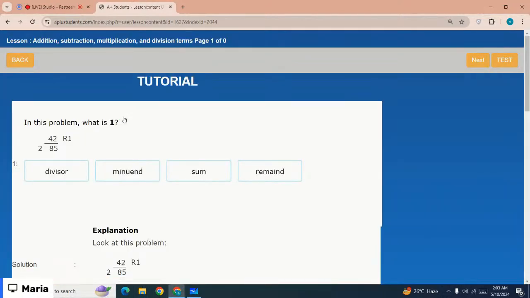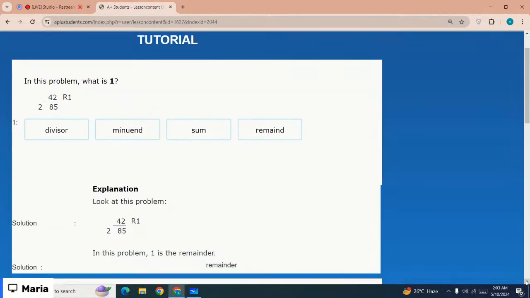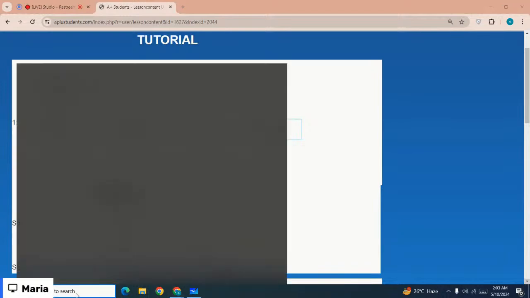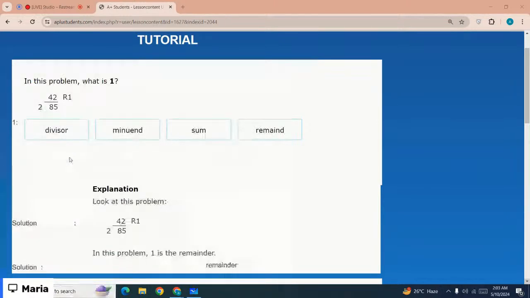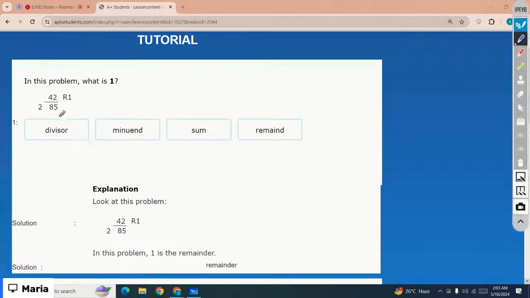Okay, in this problem, what is 1? So basically the question is like this.